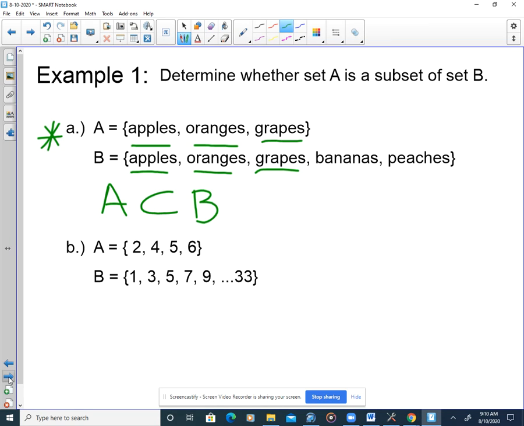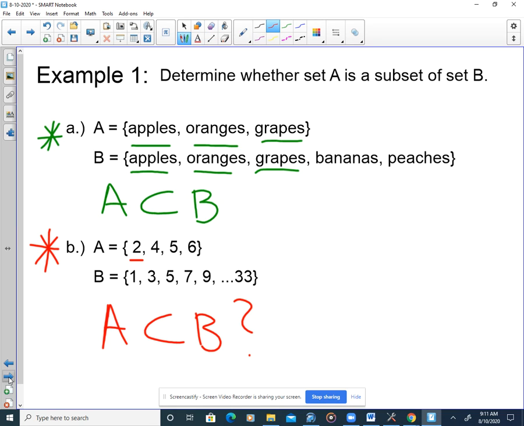Well, let's look at example B here. Is A a subset of B? We want to know, is this true? Again, look at the elements in A. Are all the elements in A also elements in B? No, they're not. Because in A, we have the element 2. Is 2 contained in B? No, it's not. So all you do is just find one element.